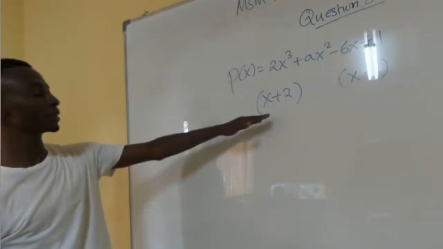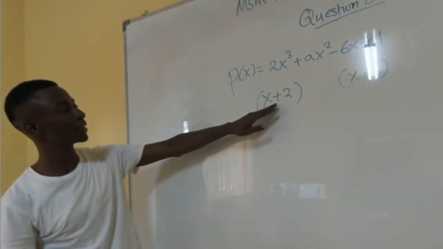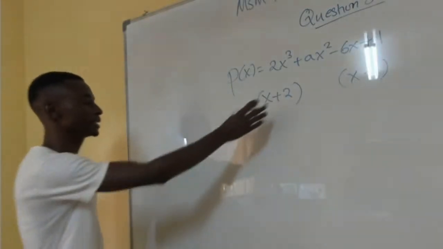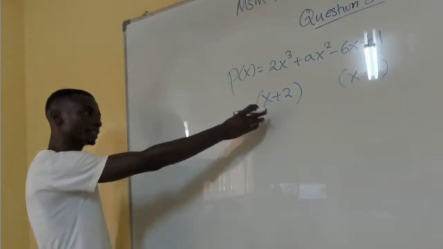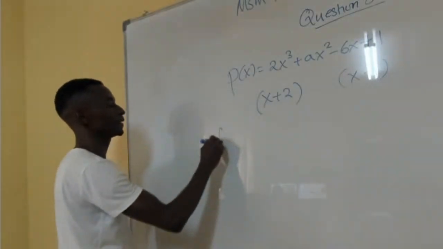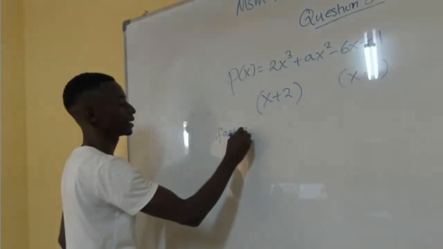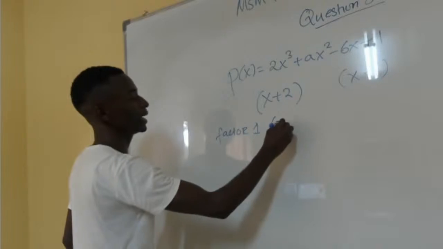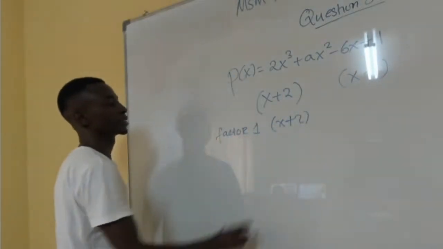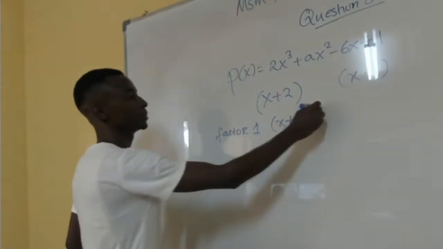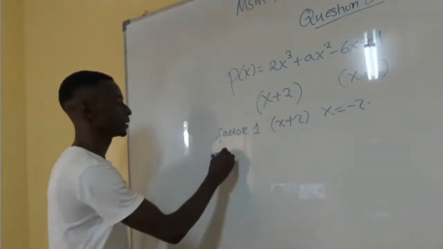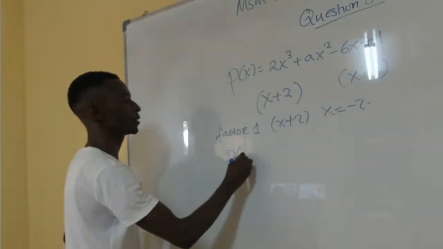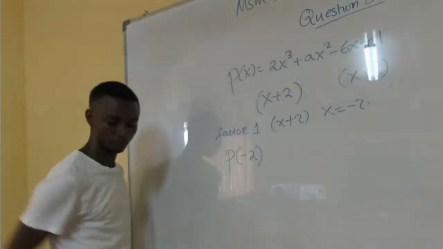So now let's begin with the equation for x plus 2. Let's find the equation, or the function, for x plus 2. Factor 1 is x plus 2. If you equate this to 0, it means you have x equal to negative 2. So what are we solving? We are solving P of negative 2.